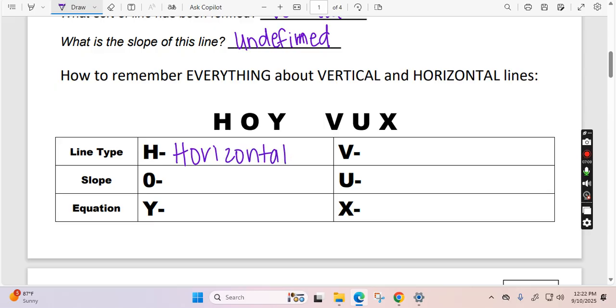And what did we say the slope was? Okay, so the slope is 0. And what does the equation look like? Y equals something, right? Okay, so what about our vertical line?